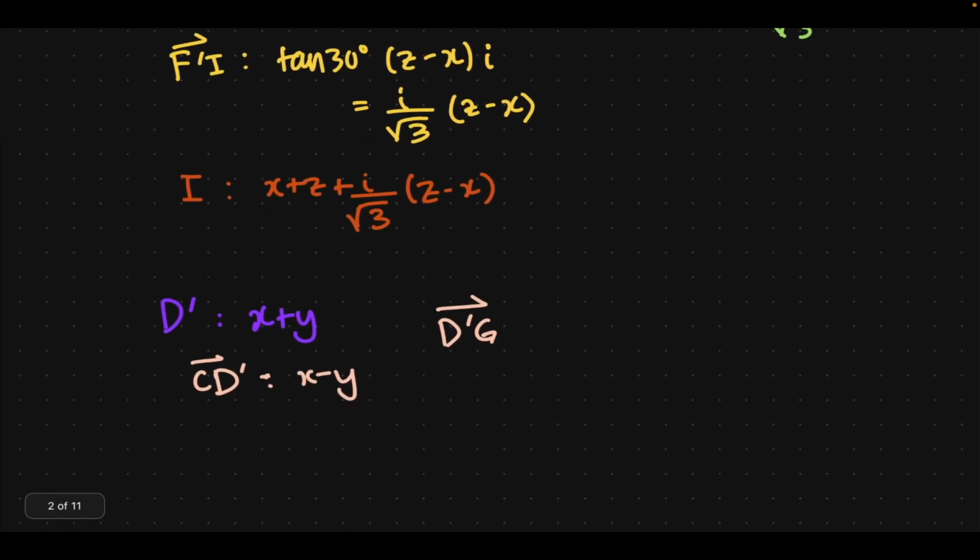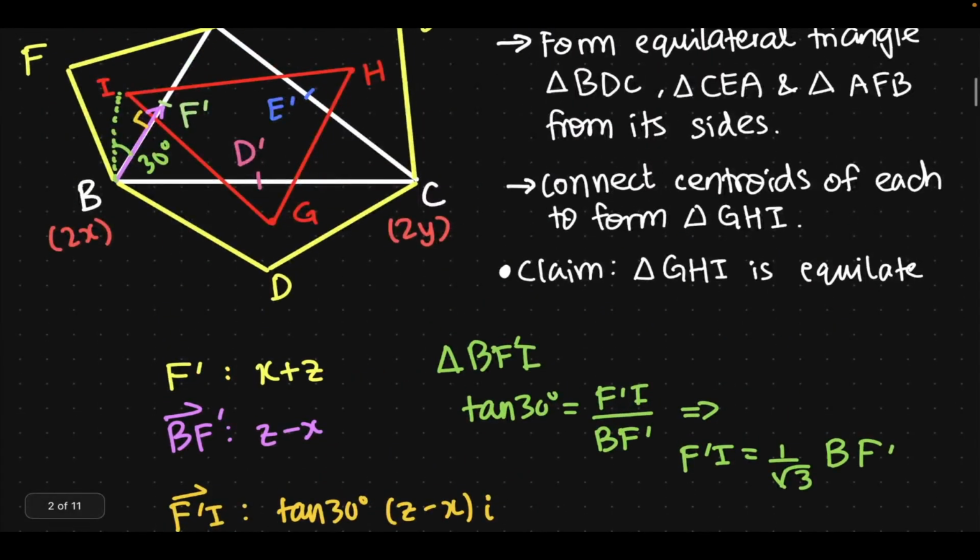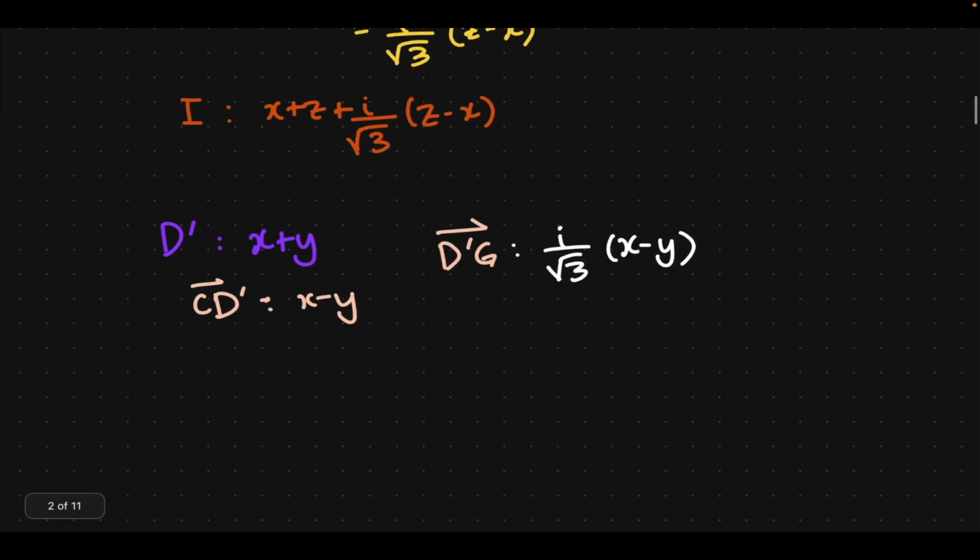So we're basically going to have I over root 3 times that x minus y, because of again the same geometry, that we have a 30-degree angle there, and then we can find the magnitude, and once we have the magnitude, we can also account for the direction, because we know it's perpendicular. D prime G is perpendicular to CD prime, and therefore you get the factor of I coming out of it.